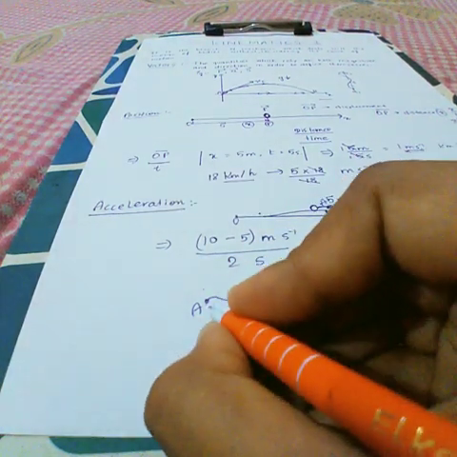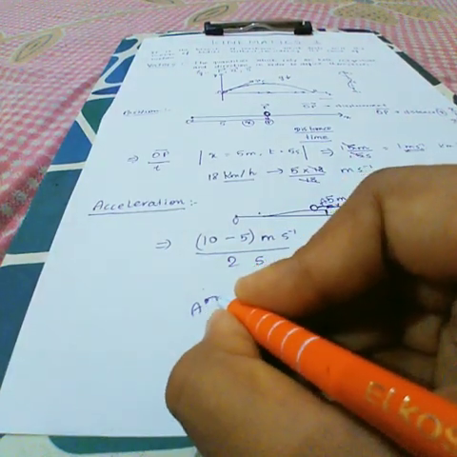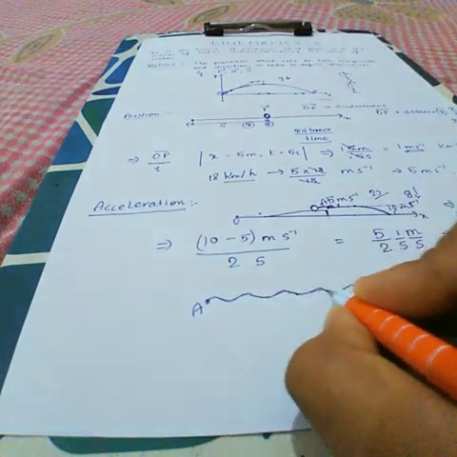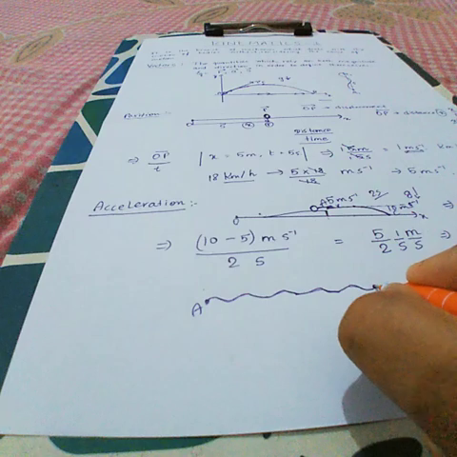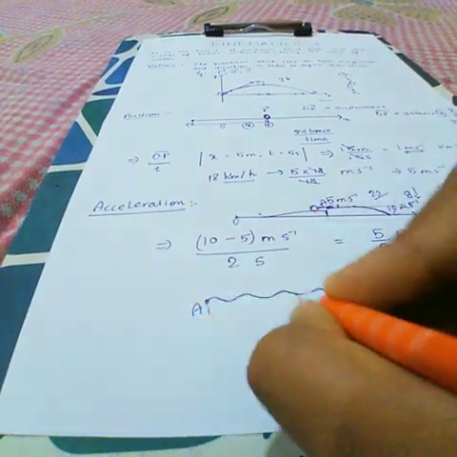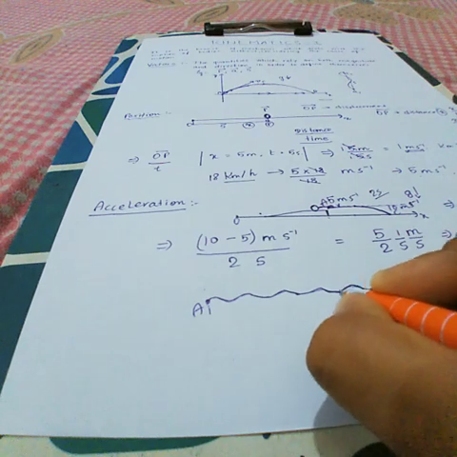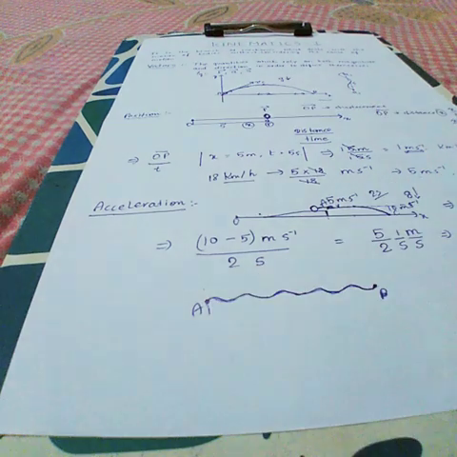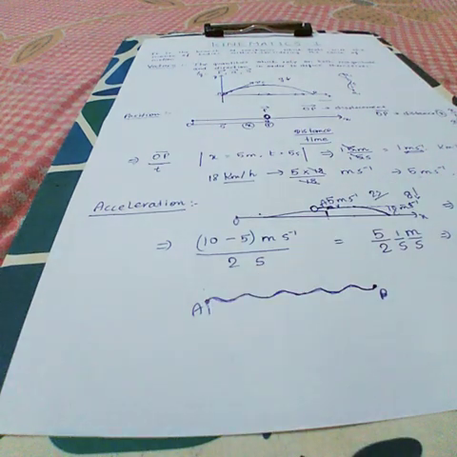So suppose an object is moving from this point A to this point B, okay, and it started from here and it again moved from point B to point A. So, can you tell me the displacement? You can take as much time as you want.